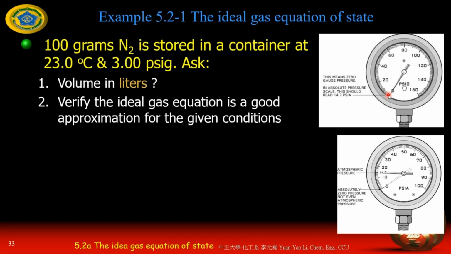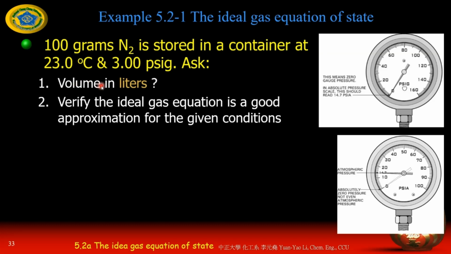I hope you still remember; we talked about this before the midterm exam. So 3.0 psig means how many psia? You add, because 1 atm equals 14.7 psi, so the pressure will be a little bit higher than 1 atm. Then if you do this calculation, you can get the volume.